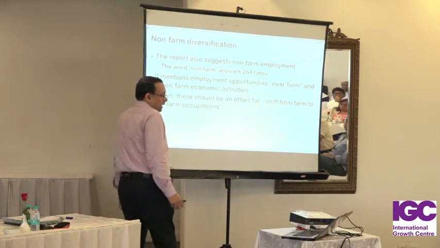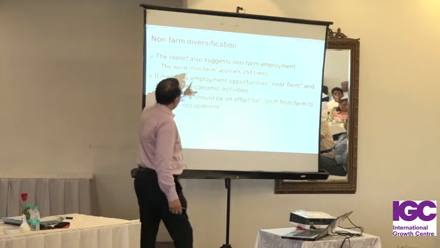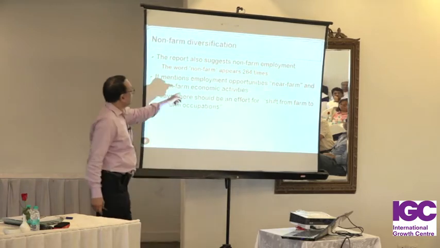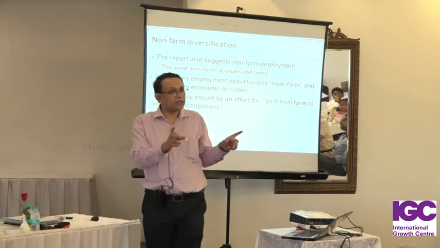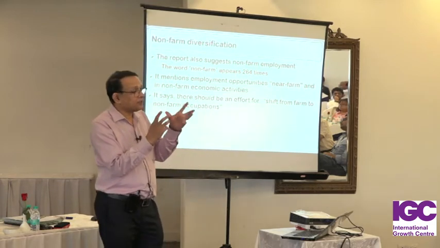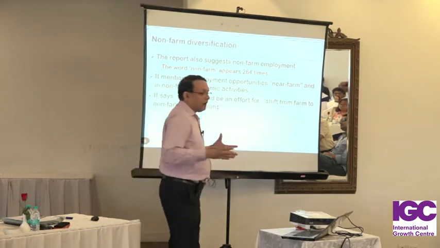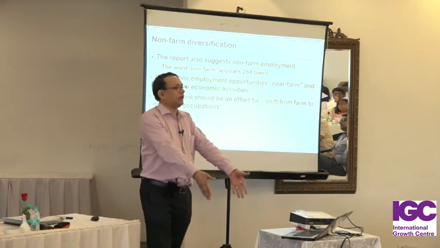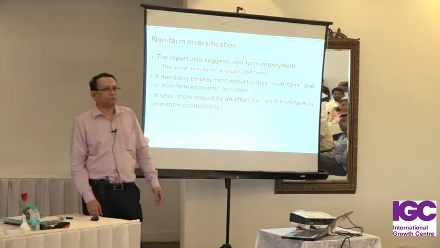And they in fact distinguish between employment opportunities near the farm and in non-farm economic activities. Now this near-farm concept is interesting and important, meaning that a lot of agro processing can actually happen right at the farm itself, near the farm.